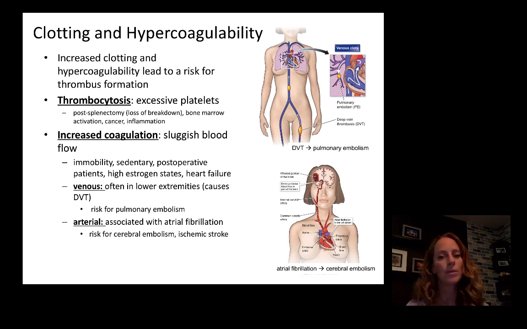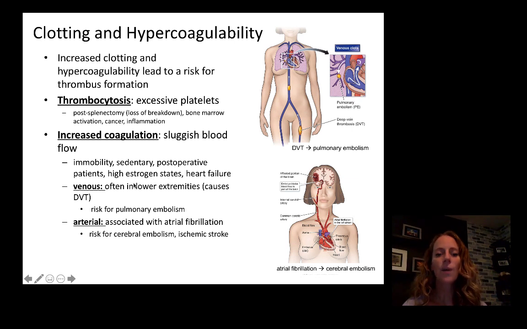This can happen post-splenectomy, when there's activation of the bone marrow, in certain cancer conditions, and during inflammation. There's also increased coagulation. That ultimately means sluggish blood flow. This can happen for many, many reasons. Immobility, sedentary lifestyle, post-operative patients, high estrogen states, and heart failure.